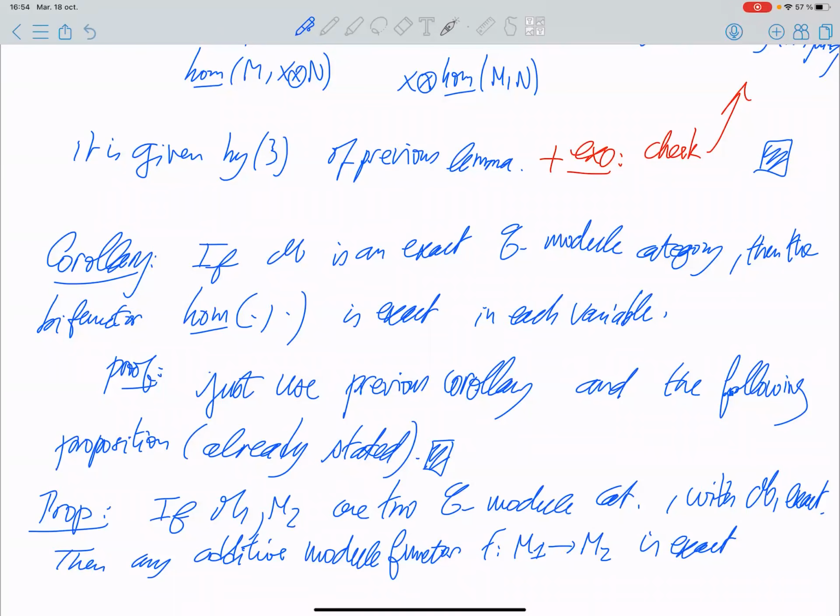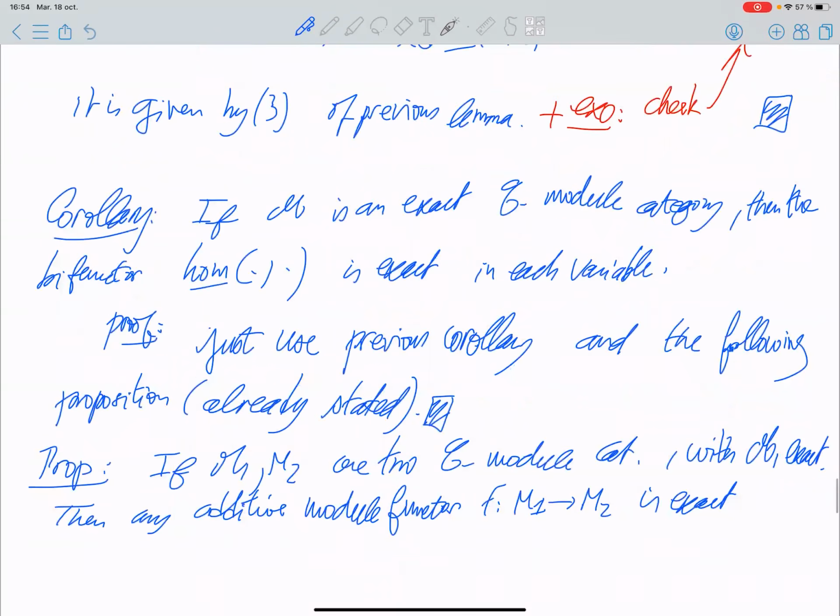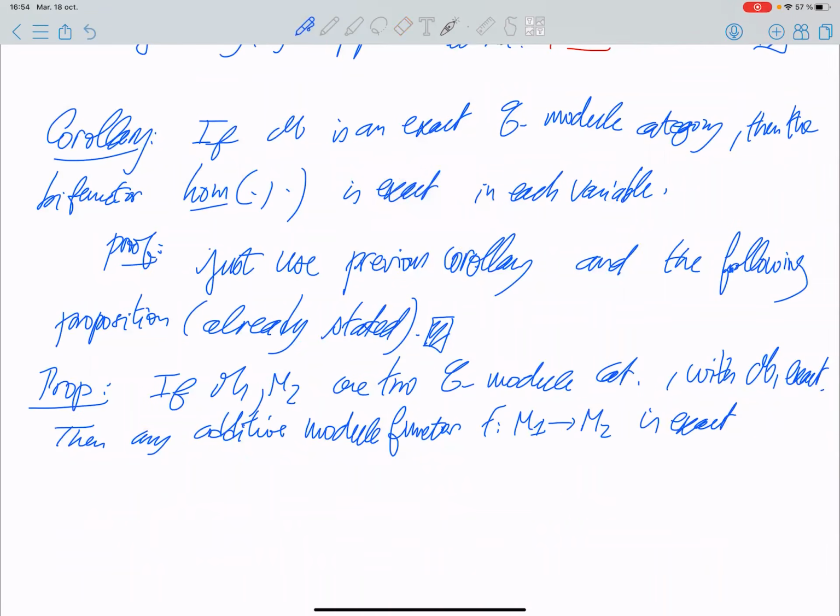So we will stop here. We will mention that tomorrow. So next time we will state the converse of this proposition. We can prove a converse for this proposition using the notion of internal Hom.